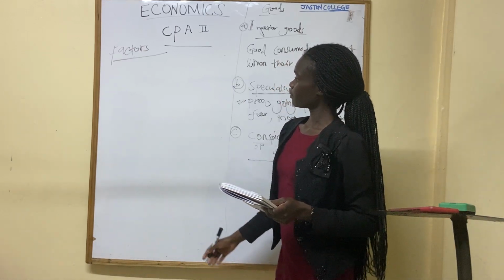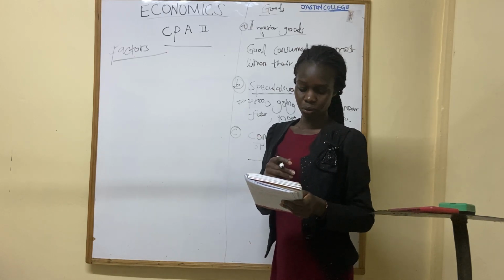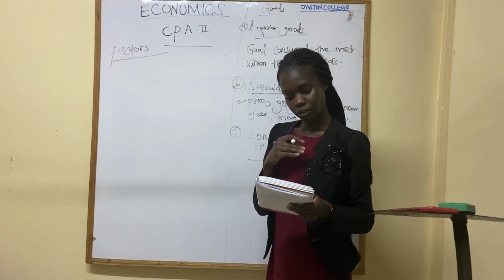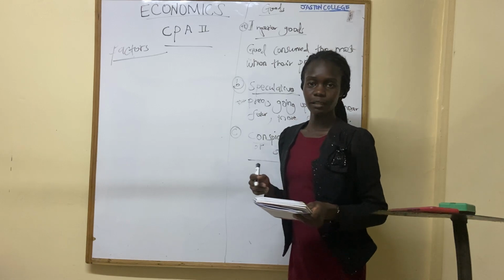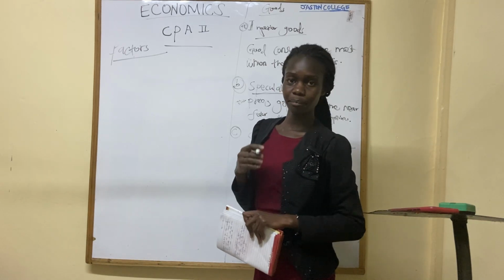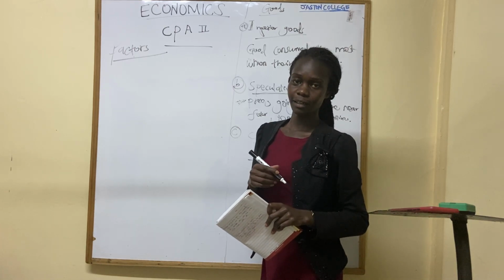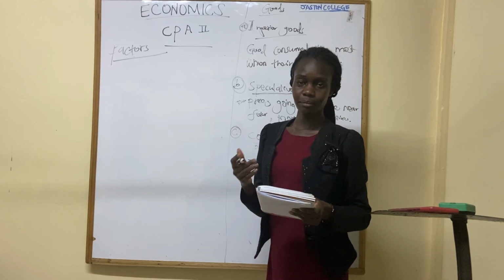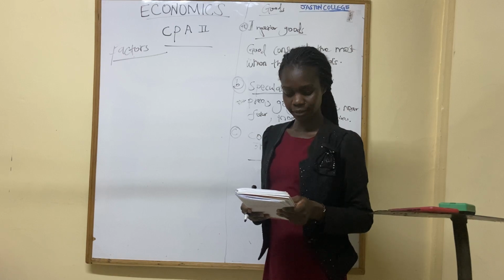For example, tea and coffee. Complementary goods are goods that are consumed together, like a car and fuel, or bread and butter. So demand is affected by the price of these related products.